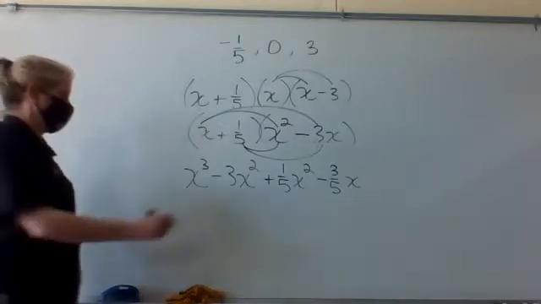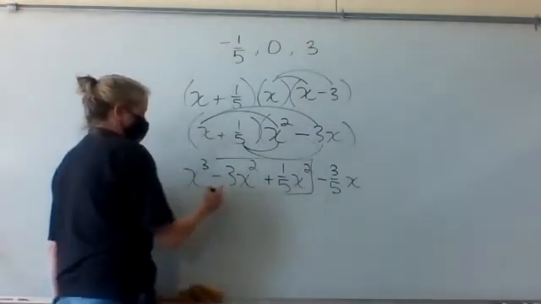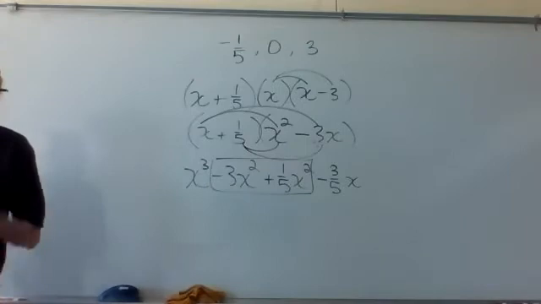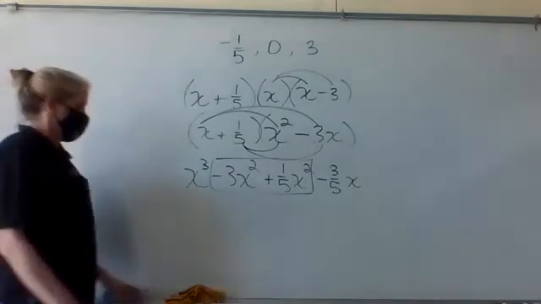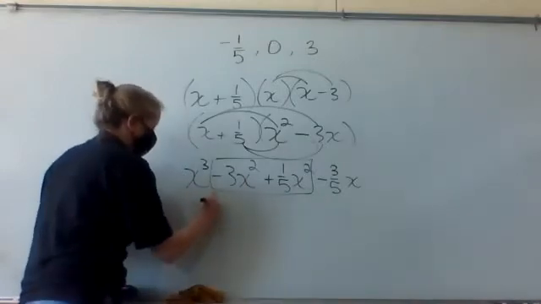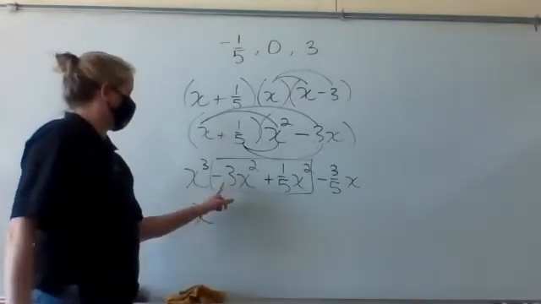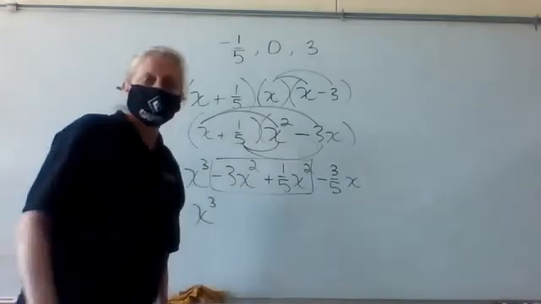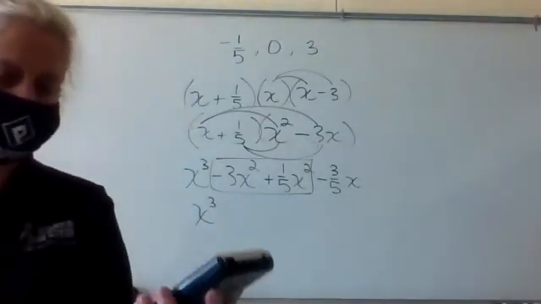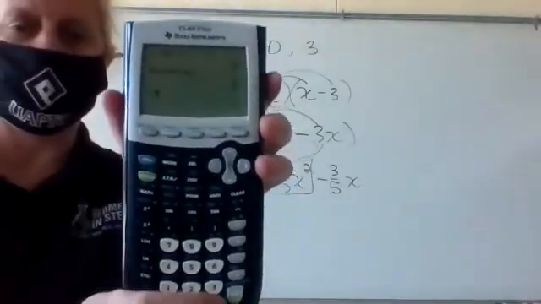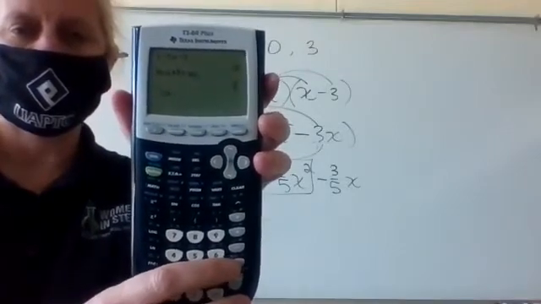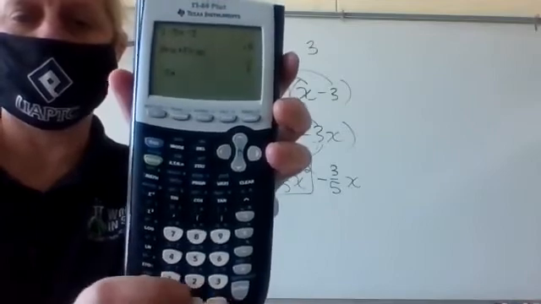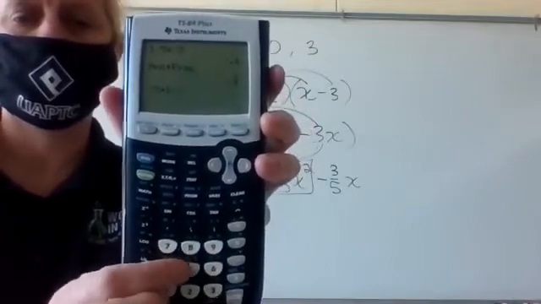After you FOIL, look at your middle terms. They're both x squareds, which means I do need to put them together. So I have x to the 3rd. Let's see, what do I need to do? I need to know what -3 plus 1/5 is. So I'm just going to tell my calculator again. -3 plus 1/5, which will be 1 divided by 5.